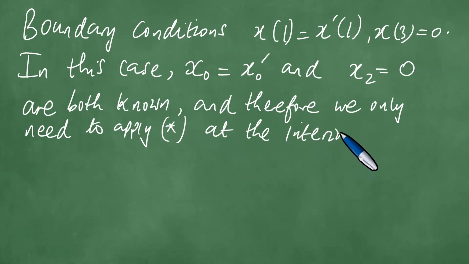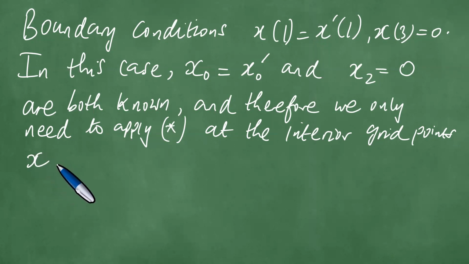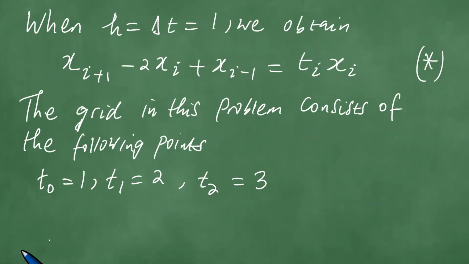At the interior grid points, which are what? If these are the boundaries at 1 and 3, the interior grid point is t1 equals 2.